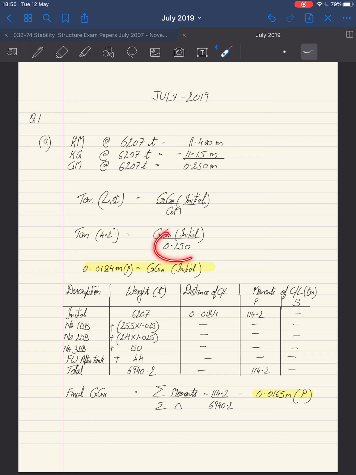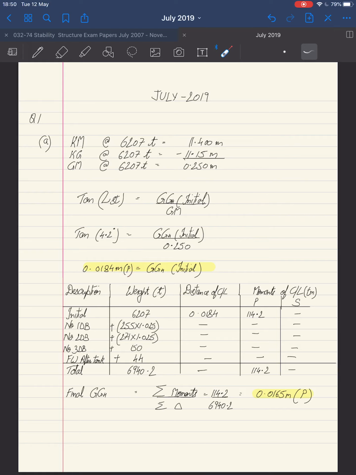We have calculated initial GG1 as 0.0184 meters. The direction of GG1 is port because in the question it was given that the vessel has been listed to port. That's why we have this value as port.